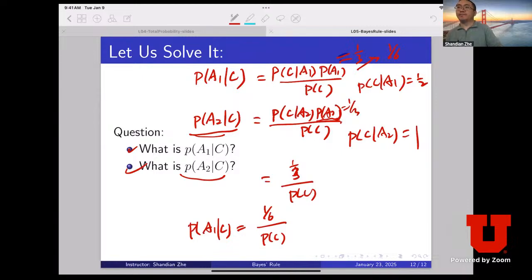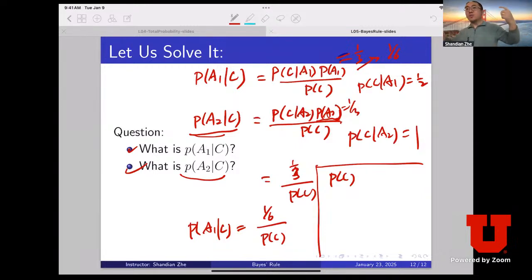Yeah, that's a very good question. Okay, we can calculate right now. So if you want to compute P of C, what's the probability that the host is going to open gate 3 and let us see the goat, no matter at which gate the car is behind?